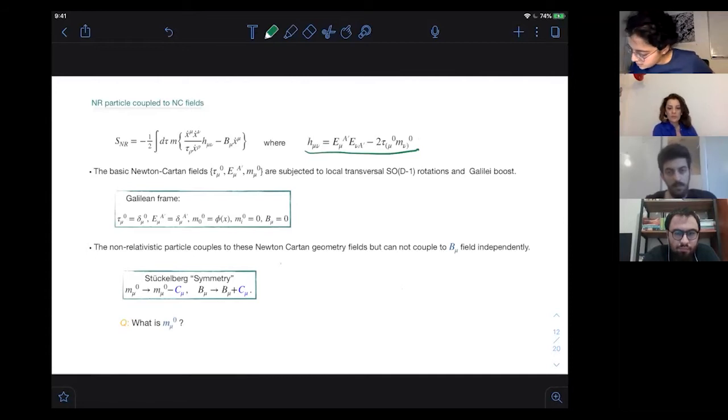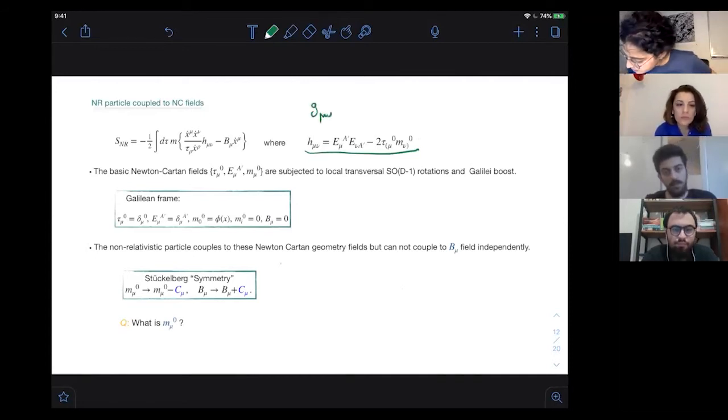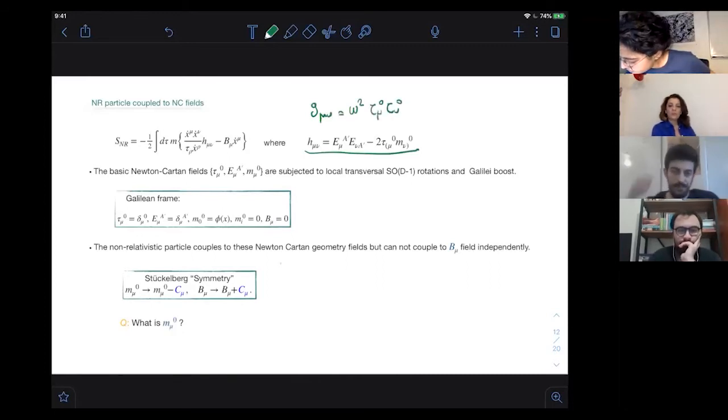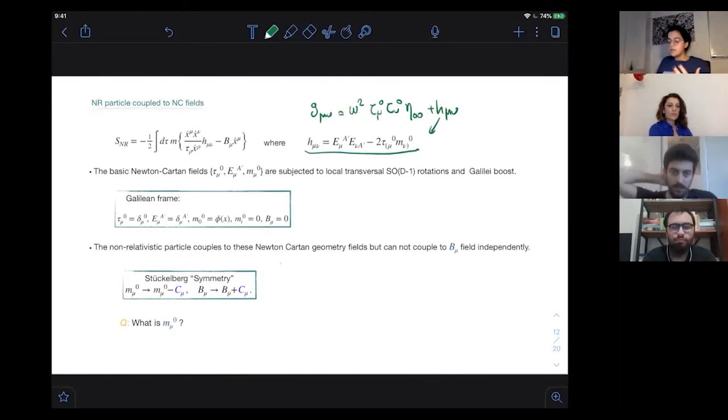It's not surprising: when you expand G_mu nu, you get omega tau_mu tau_nu plus H_mu nu. That just comes from the definition, I didn't make it up. The basic Newton-Cartan fields are tau_mu, E_mu^A', and M_mu. They are subject to local spatial rotation and Galilei boost.